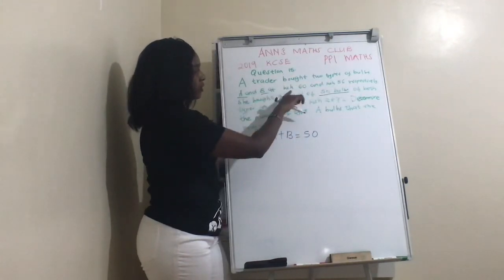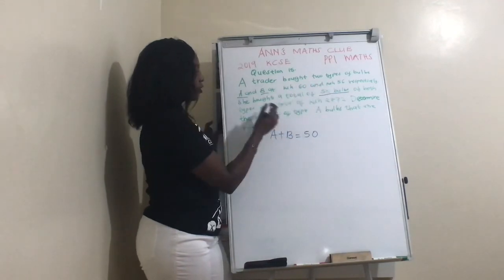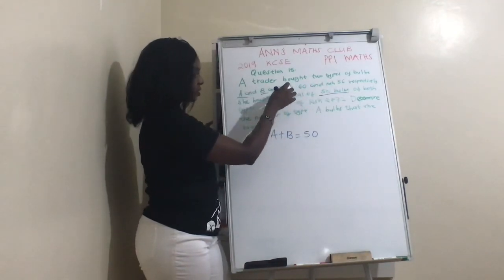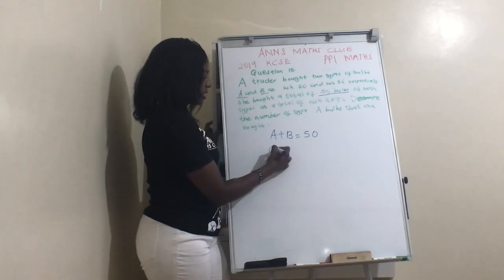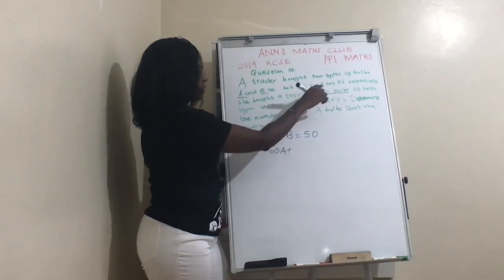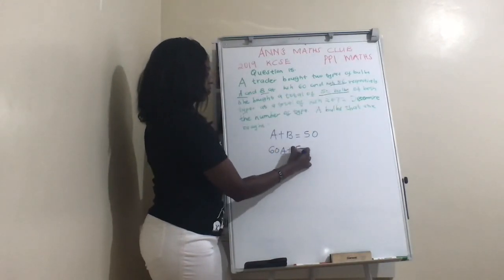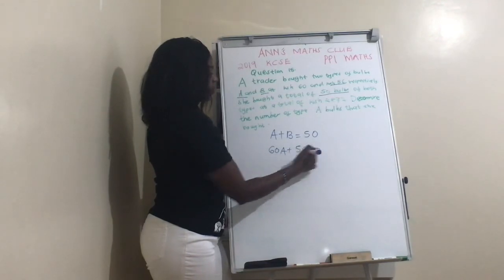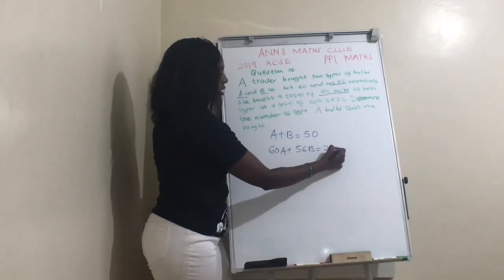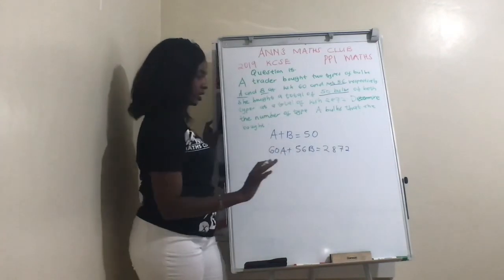And now in terms of the money that we have, for type A, she paid 60 shillings for each. So 60A plus type B, 56B, giving us a total of 2872 shillings.